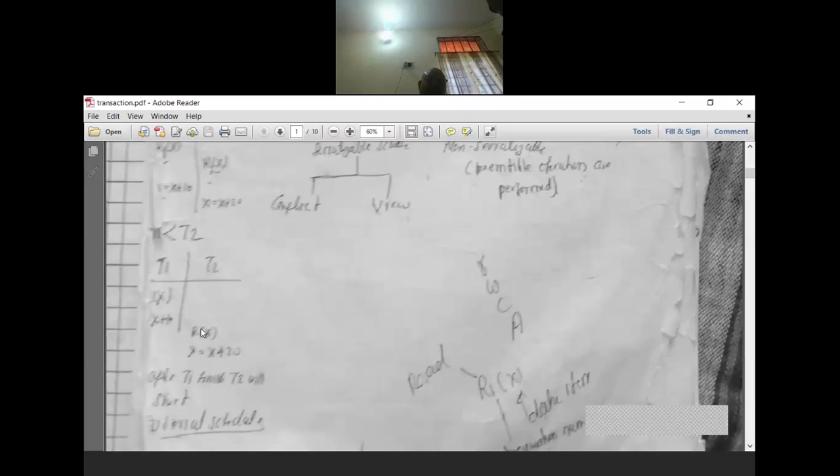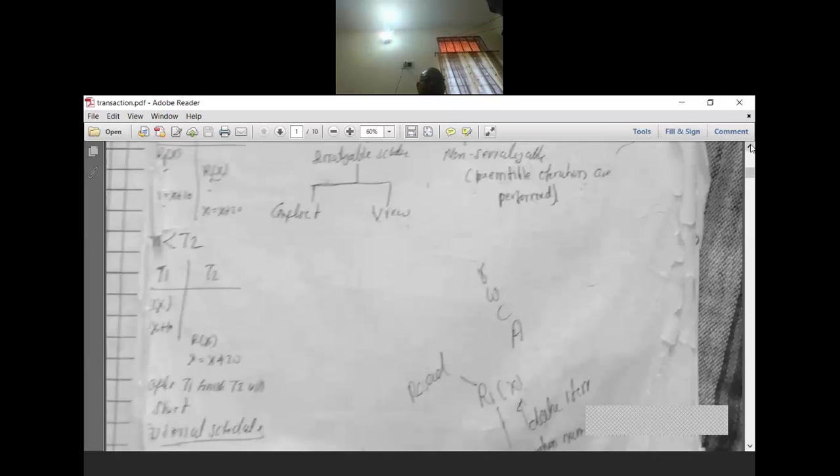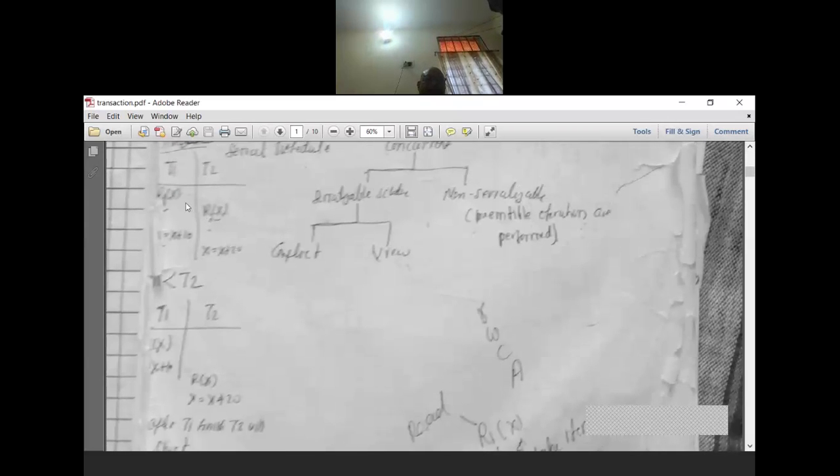This is known as serial transaction; it works in a serial fashion. In concurrent transactions, transactions work parallel to each other.